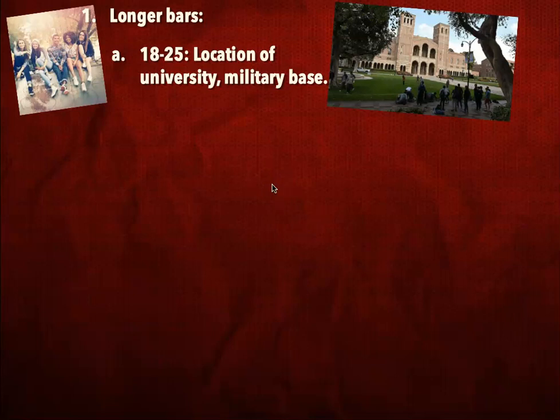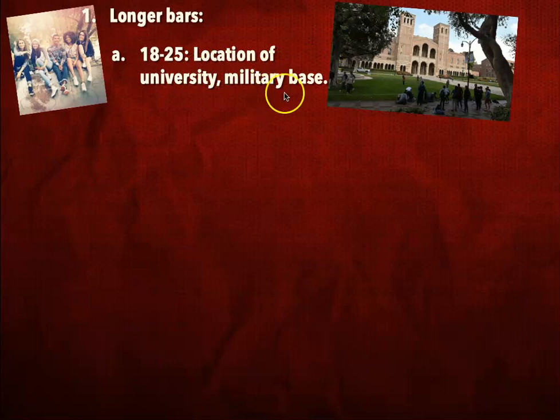If you're comparing cities, and you see one city that does have those longer bars in, say, an 18 to 25-year-old age cohort, there's a good likelihood that it has to do with what that city is known for. Is that a city that houses maybe a big state university, or a number of small private universities?